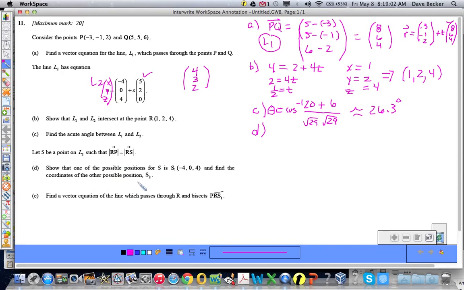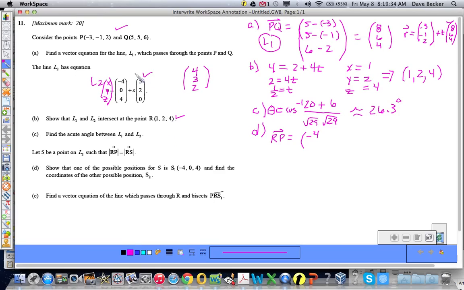All right, so let's get to this. So I know that RP is equal to what? Where's R? Here's R, and here is P. So vector RP is going to be equal to, let's see, negative 3 minus 1 is negative 4.